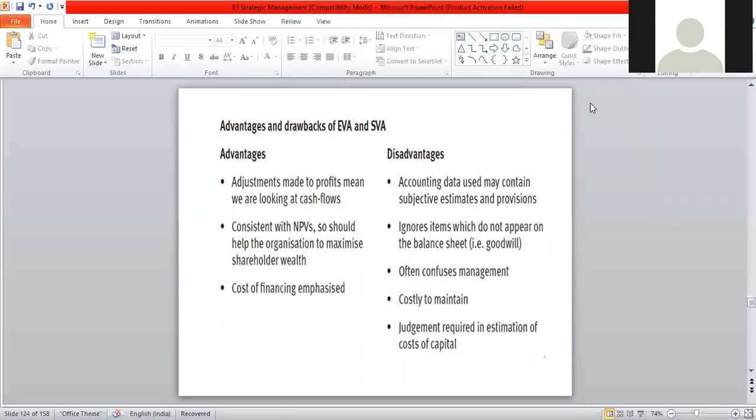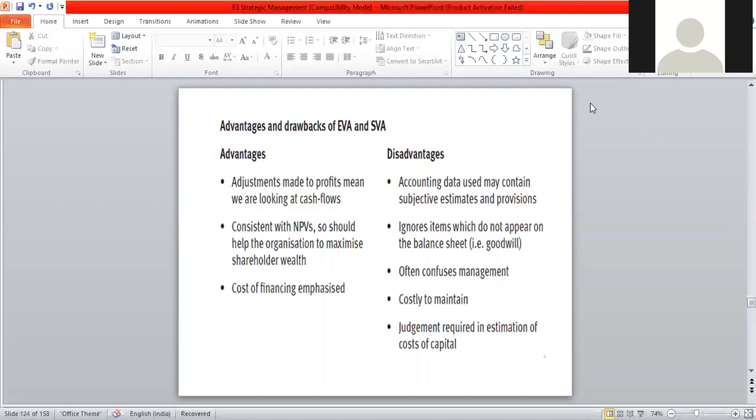The profitability ratios were not highlighting how much profit is available to the investors, the shareholders. But when EVA is calculated, it looks into whether the shareholders, the investors are paid their return. So there is greater emphasis on the cost of financing.